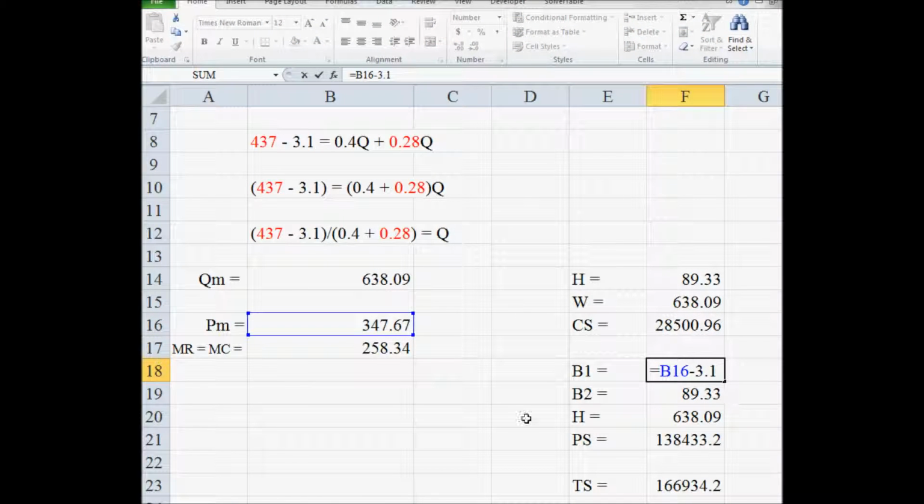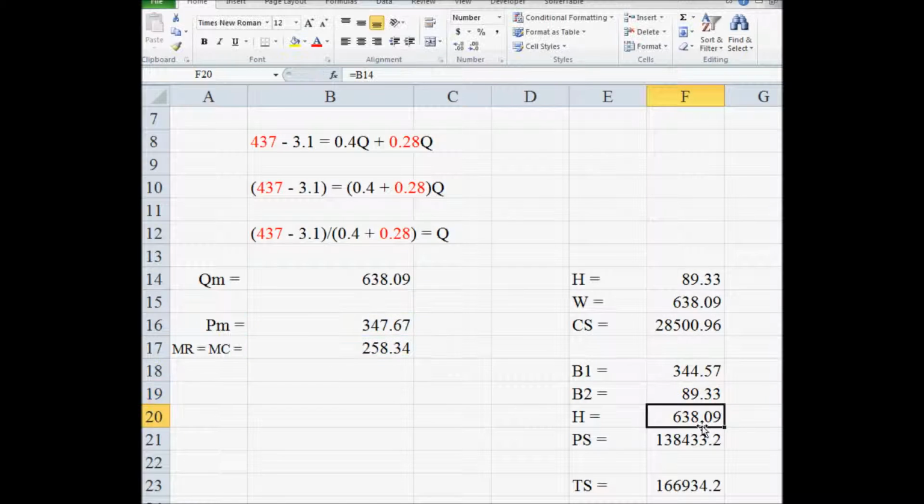So base 1 again is the price the monopolist charges minus the intercept of supply. Base 2 is the difference between the price the monopolist charges and the marginal revenue or marginal cost. The height of the trapezoid is the quantity the monopolist produces and sells.